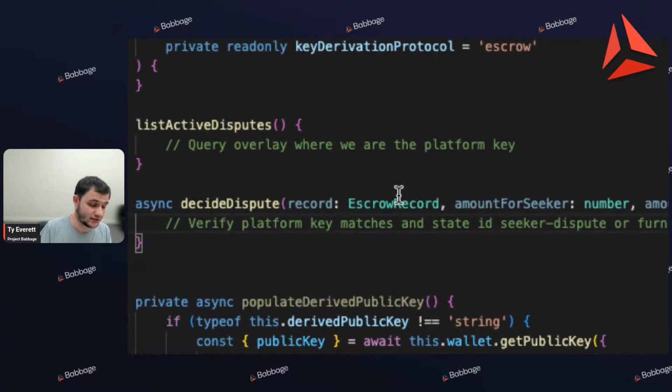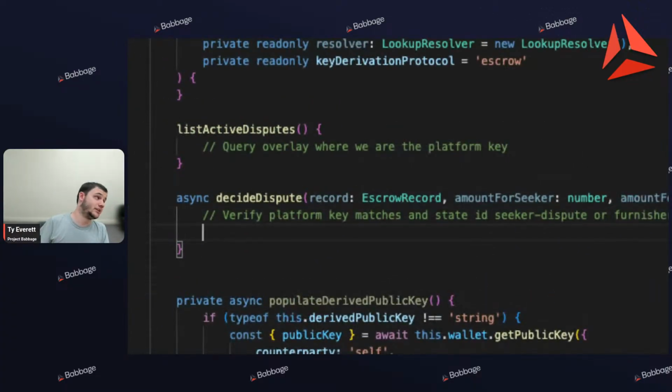So verify states. It's in dispute, meaning somebody needs the platform involved. Platform may not side with you at this point, but now the platform's going to decide. The platform, in fact, cannot be involved unless somebody raises a dispute. At least in the current implementation, somebody could implement a version of this where the platform freezes something.